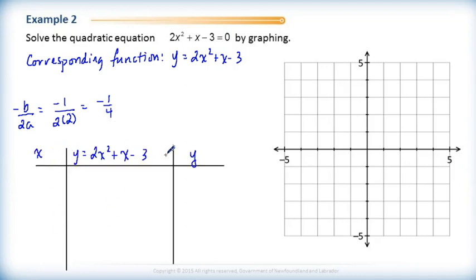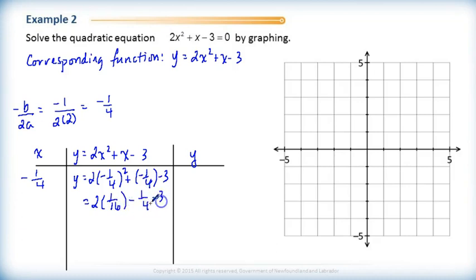So I start to create a table of values. And the negative 1/4 goes in, and I do the calculation. 2 times negative 1/4 squared plus negative 1/4 minus 3, which equals 2 times 1/16 minus 1/4 minus 3. 2 going into 16 goes 1, so we get 1/8 here.